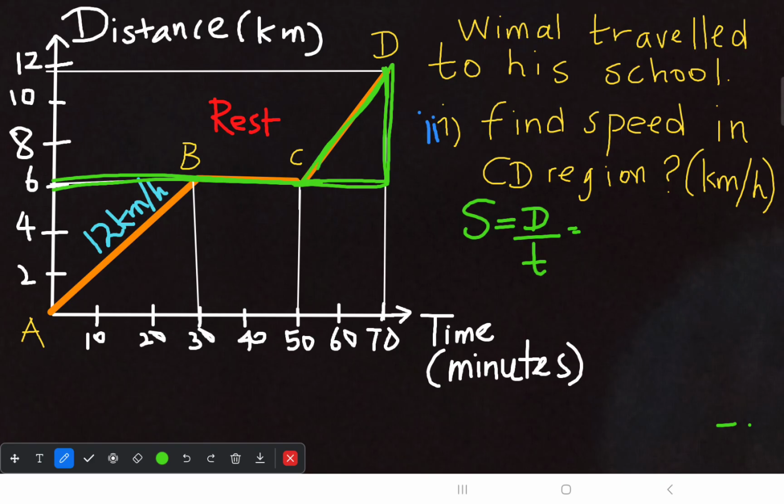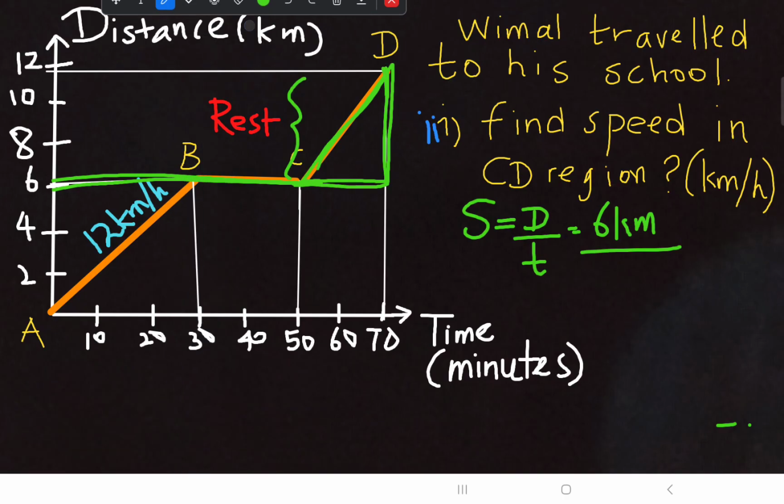He started from 6, finishes at 12. So the distance in between is 6 kilometers. Don't take it as 12 kilometers because he already traveled 6 kilometers. From 6 onwards he started to travel until 12. So in CD region, he traveled 6 kilometers.